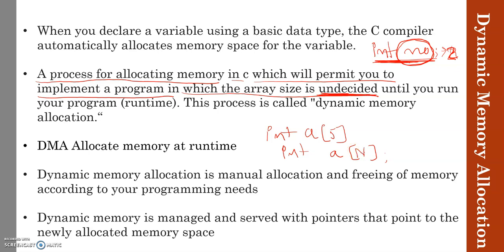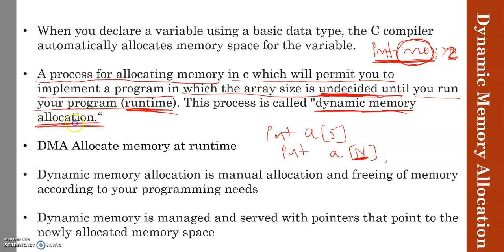The size of n is undecided until you run your program, which means at runtime, the value of n we are going to take from the user. So we don't know how much space we require for this array, and we will only come to know at runtime. This type of thing we call dynamic memory allocation.